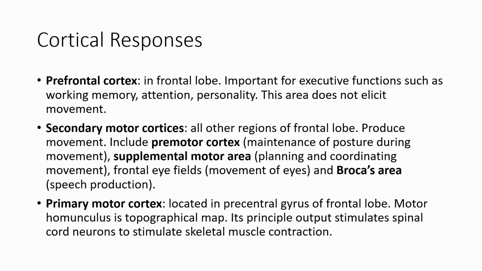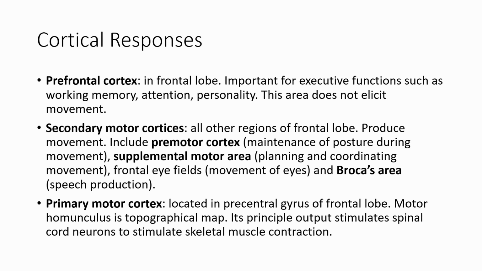So when it comes to responses, we want to remind ourselves about some of the areas that are important to send out signals to formulate that response. So these are all the components that are going to be involved with motor output. The prefrontal cortex is found in the frontal lobe. This is important for executive functions, like memory, attention, personality.